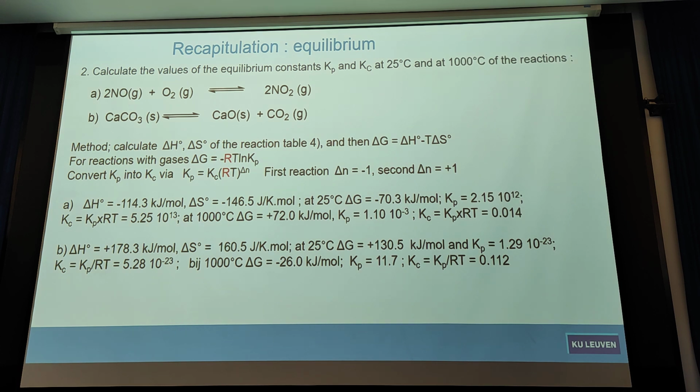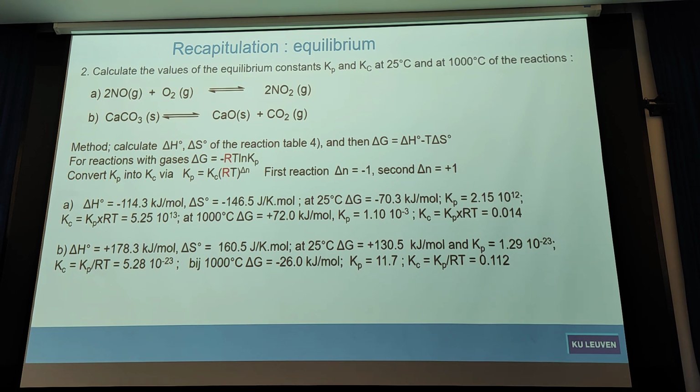So, what is the method to do this? It's based on the thermodynamic equilibrium constant. That means we need the free energy to be able to calculate K via delta G equals minus RT ln K. And to get free energy, of course, there's an enthalpic term and an entropic term.